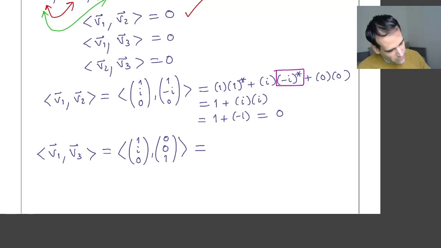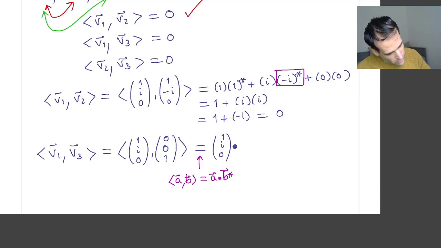So I could apply the fact that the inner product of A and B is equal to the dot product of A with the complex conjugate of B. So this is equal to 1, i, 0 dot product with the complex conjugate of this second vector.